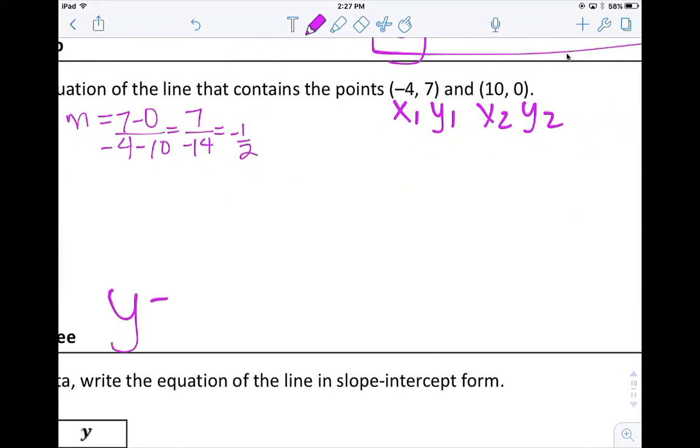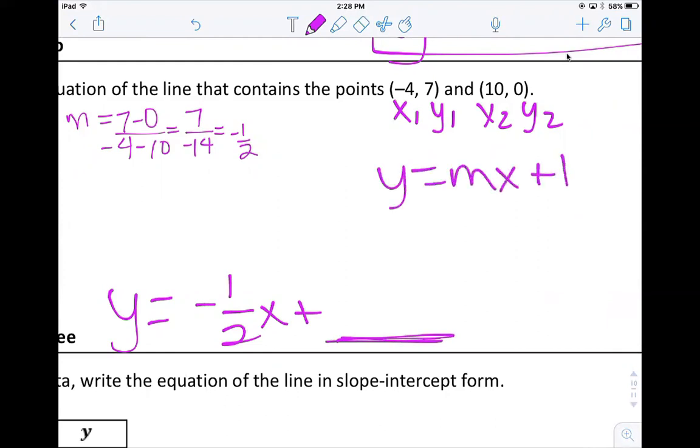So right away, I'm setting up my equation for my answer. y equals -1/2 x plus, now I got to find this missing y-intercept. So I'm using my y equals mx plus b equation. We already know m is -1/2. I'm going to use my second point this time, and I'm going to fill in my point with my slope to figure out what is b.